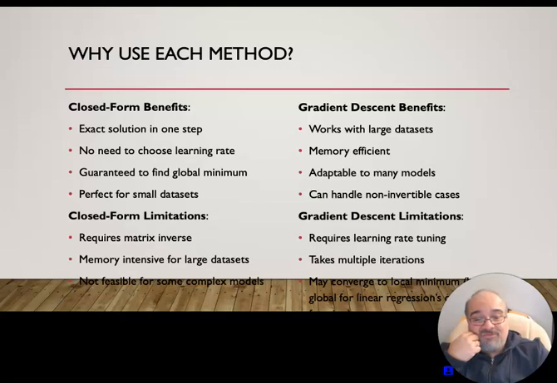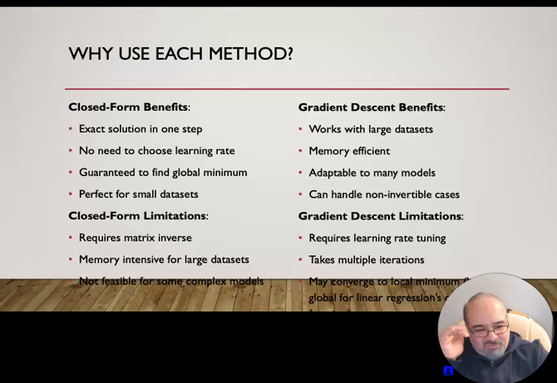The cost function for linear regression is convex. There's a single global minimum. This is what guarantees that both the closed form and gradient descent, with the proper learning rate, will find the same solution. In general, it's important to emphasize choosing an appropriate learning rate alpha.